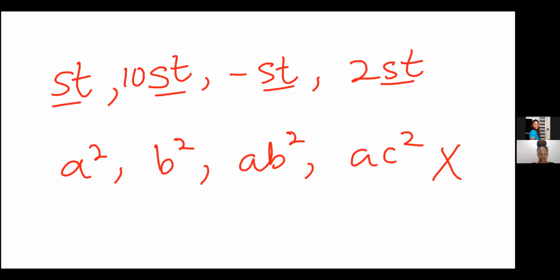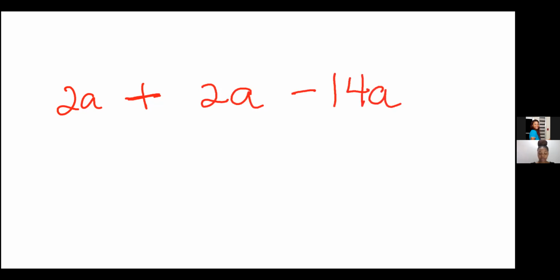And when we add them or subtract them, we use the numbers in front of them. So 2a add 2a minus 14a. I could add or subtract these because they have the same variables.